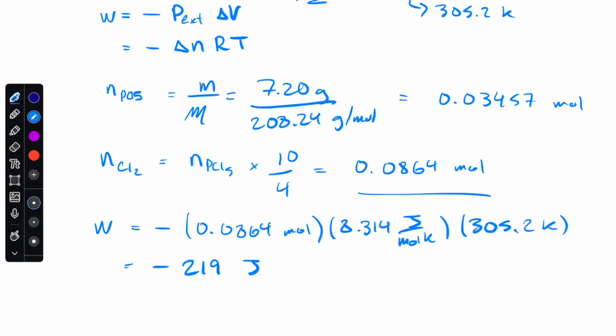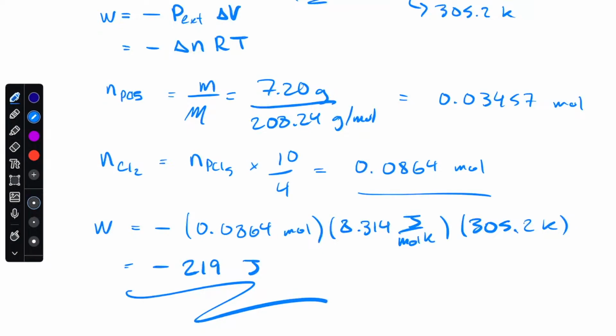And the number we get is negative 219 joules. Negative means the system is doing work on the surroundings, and that's typically the case when the system expands. So it has to push the surroundings out of the way, and that's why the value here is negative. You can think of it as the system losing energy by doing work on the surroundings. The surroundings here are expanding. Great. 27, done.